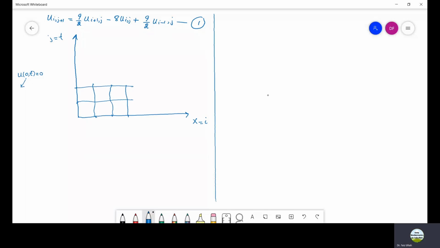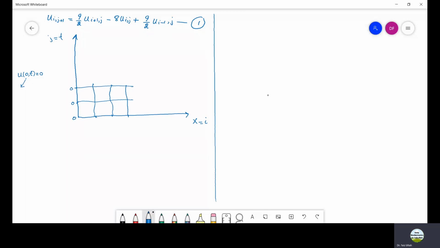It shows that all values along the t-axis are 0. This value is 0, this value is 0, this value is 0. Along the t-axis, x is 0 and t is varying from 0 to 2 and so on.